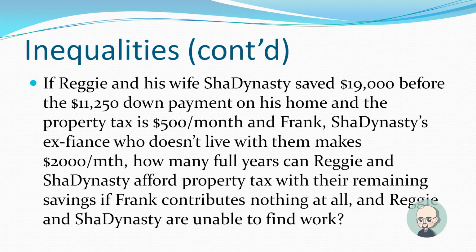If Reggie and his wife Dynasty saved $19,000 before the $11,250 down payment on his home, and the property tax is $500 a month, and Frank, Dynasty's ex-fiance, who doesn't live with them, makes $2,000 a month, how many full years can Reggie and Dynasty afford property tax with their remaining savings if Frank contributes nothing at all and Reggie and Dynasty are unable to find work? I'll give you a moment to press the space bar to pause this while you figure out the problem on your own.